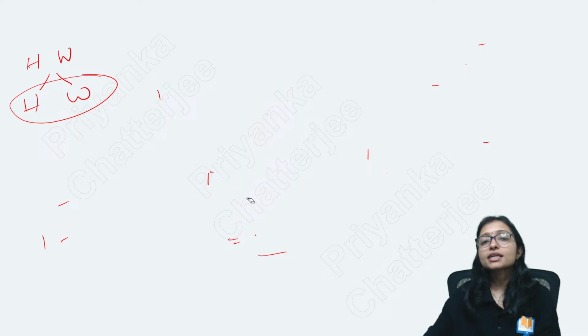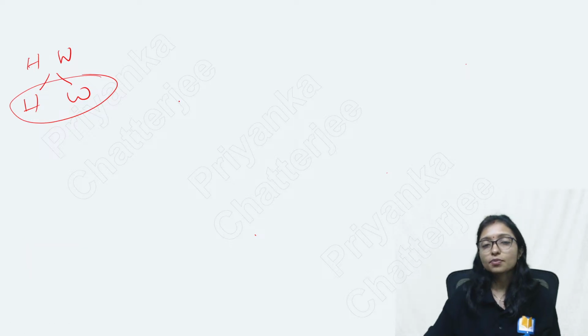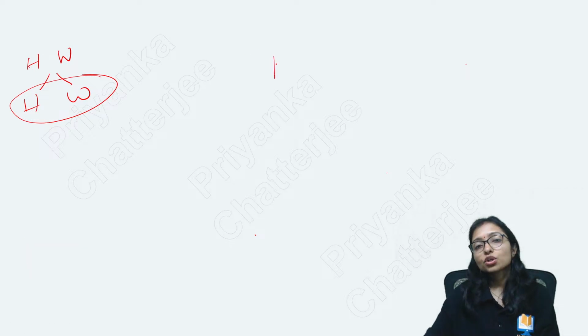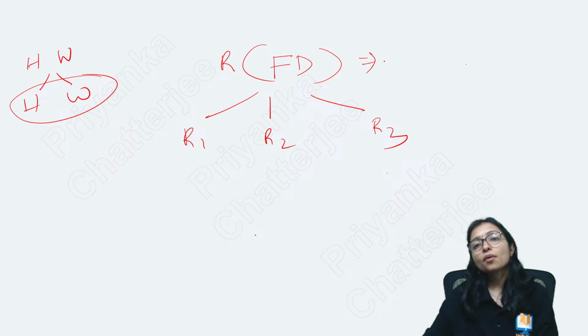Whatever dependency is given to me, always remember one thing, hidden dependency you have to find out for doing lossless, lossy and dependency preserving both. This is main important thing. So the functional dependency F will be given to you, that is this FD for a given relation. You are dividing the relation into 2 part, 3 part, whatever, R1, R2, R3. Always from here do the FD closure.